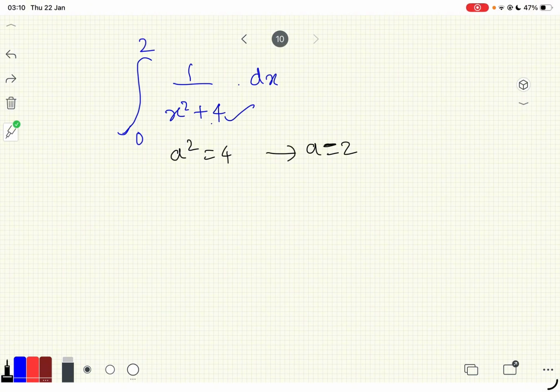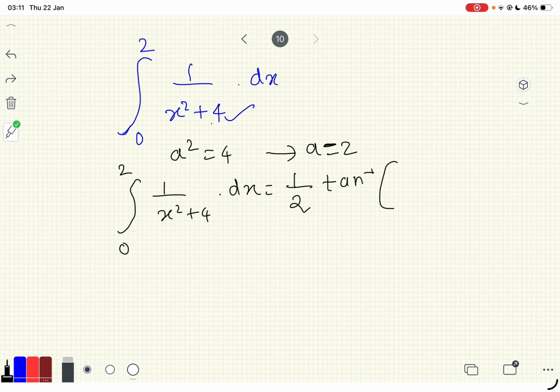Now let's integrate using the formula. The integral of 1 over x squared plus 4 dx, we can write as 1 over a, which is 1 over 2, tan inverse x over 2 plus c.